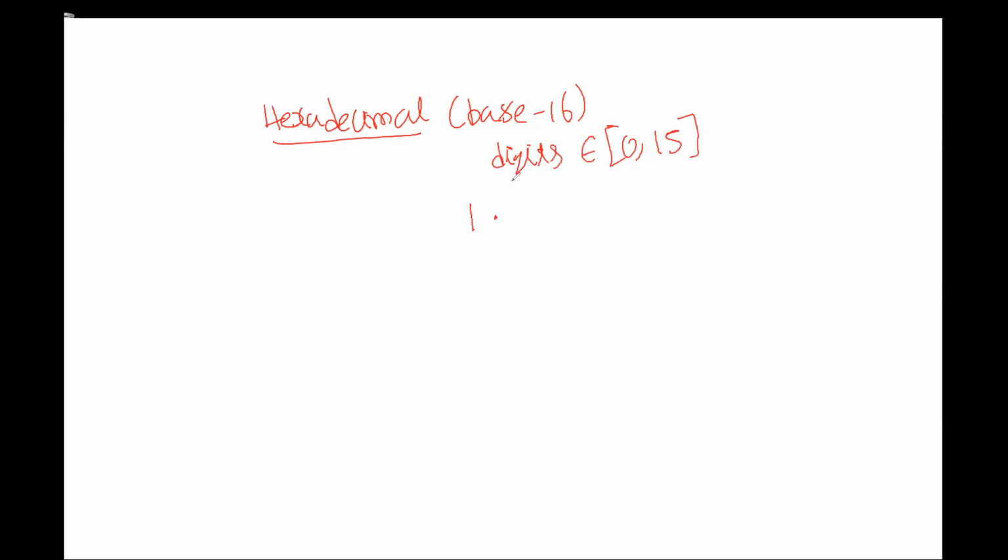If you want to write something like 1, 13, 0, writing this is kind of awkward. So what do we do? We use 0 to 9, and 10 is represented as A, 11 is B, 12 is C, 13 is D, 14 is E, and 15 is F.